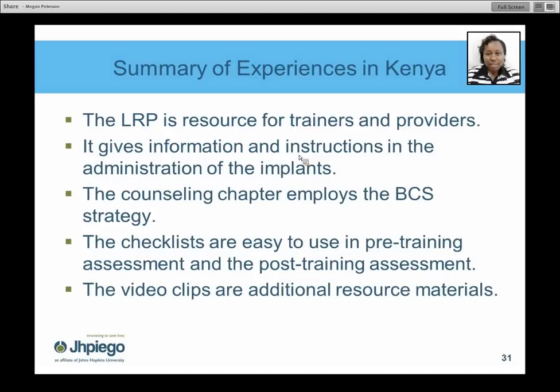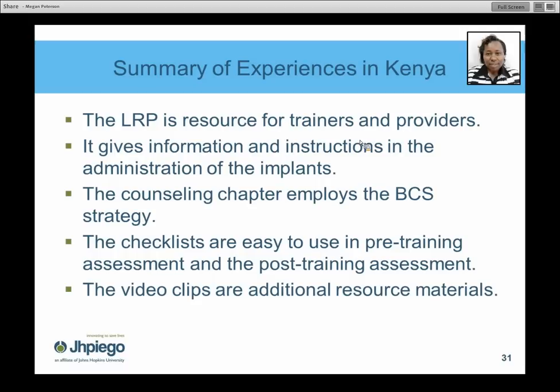That also helps to improve the way they've done it, the checklist. There's also a checklist for counseling, so when we are training, we also use this checklist to check some of the simulated sessions on counseling. So if you are training service providers, I would also recommend that you use the counseling checklist.